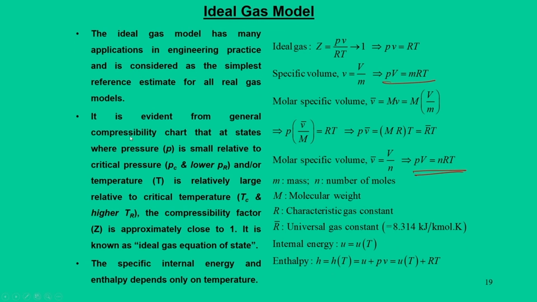One other point I need to emphasize: at states where the pressure P relative to the critical pressure is low, and temperature T is such that the compressibility factor becomes close to 1, we call this the ideal gas equation of state. So, with this I come to the end of this lecture.